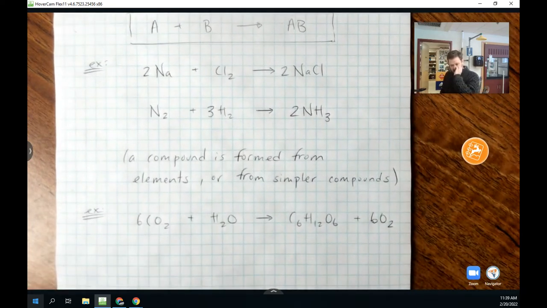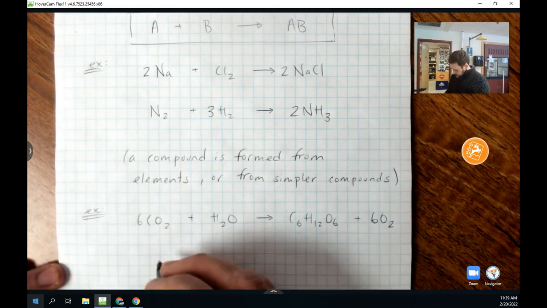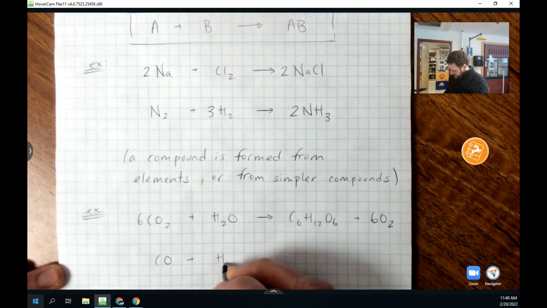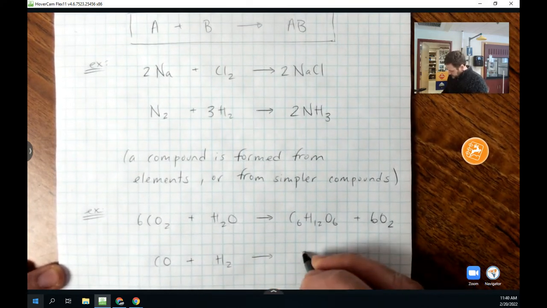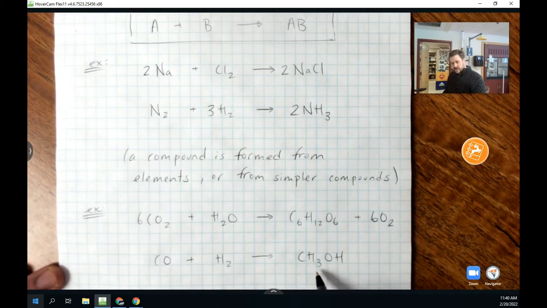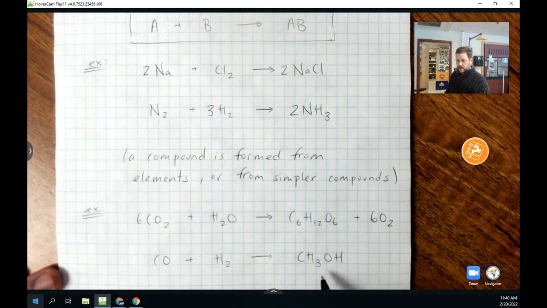And I could give another example of a slightly more complex synthesis reaction, like the one that occurs between carbon monoxide and hydrogen gas to give methanol. And here we've synthesized a more complex compound. In other words, we've made something more complex from simpler components.